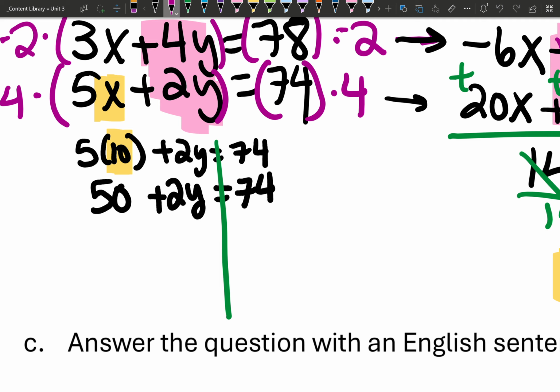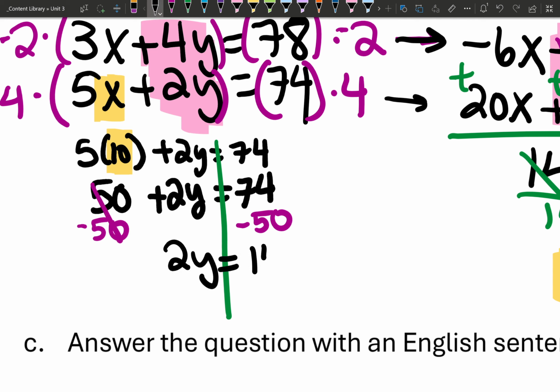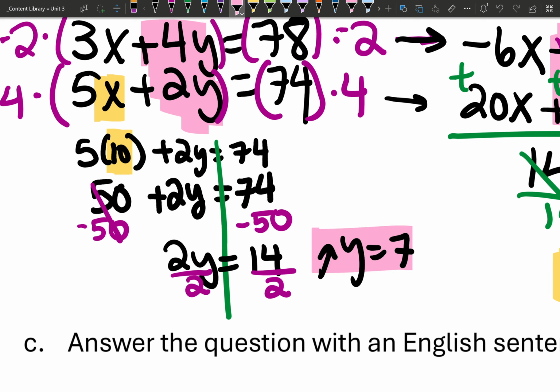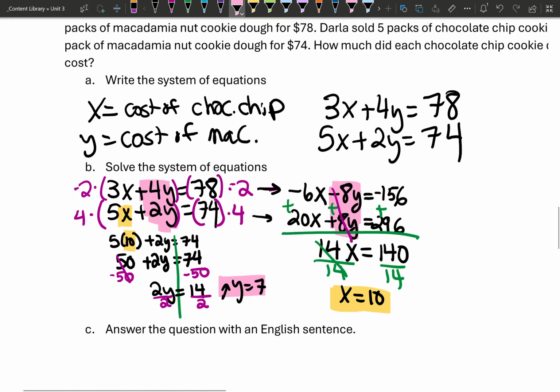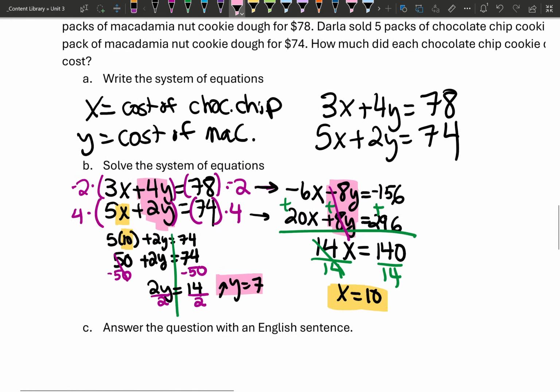Let's subtract 50 from both sides. So we get that 2y equals 14. And then, of course, we divide both sides by 2. And I'll write it up here. Y equals 7. Fantastic. Now, the problem was asking us the cost of chocolate chip cookie dough.